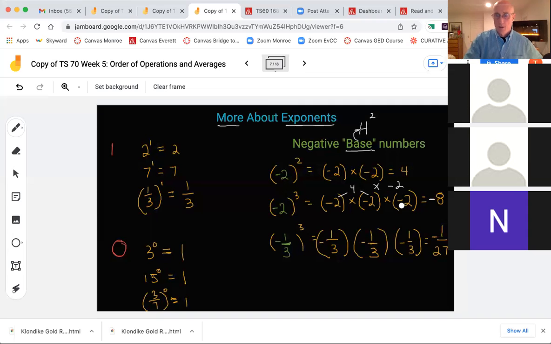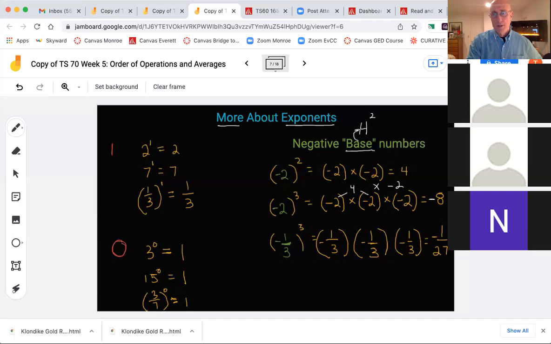And let's see here on this next one, I've got -1/3 to the third. If you want to write that in your notes, -1/3 to the third. And therefore, that's negative 1/3 times negative 1/3 times negative 1/3. It's 3 times.